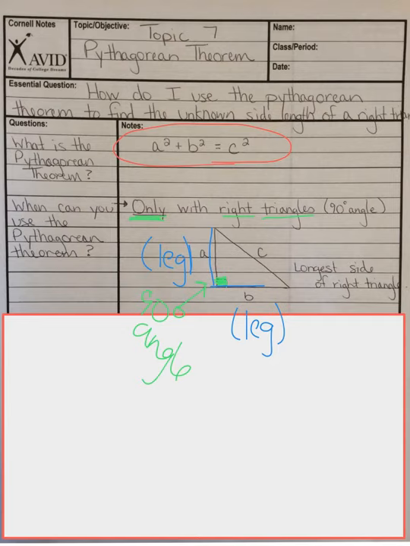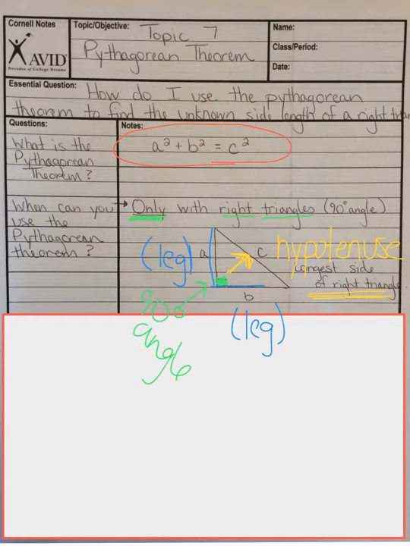And then the side length that is across from that 90-degree angle, that side length C, you can see that it is always going to be the longest side, and it is called the hypotenuse.